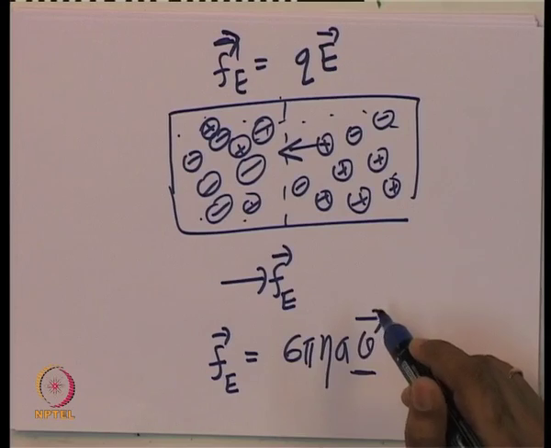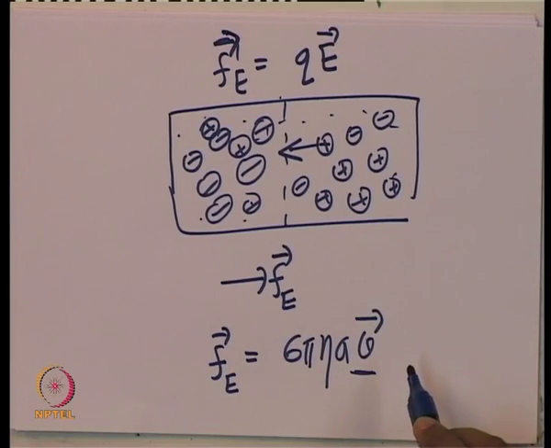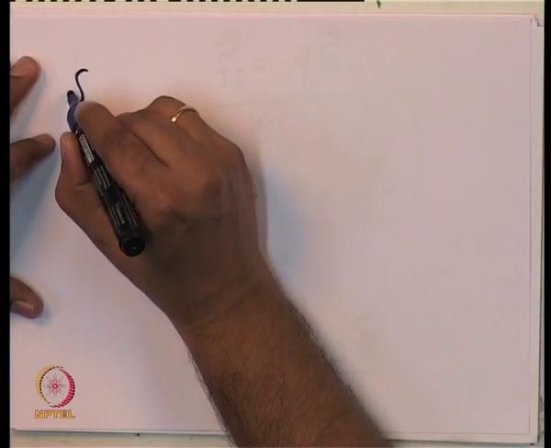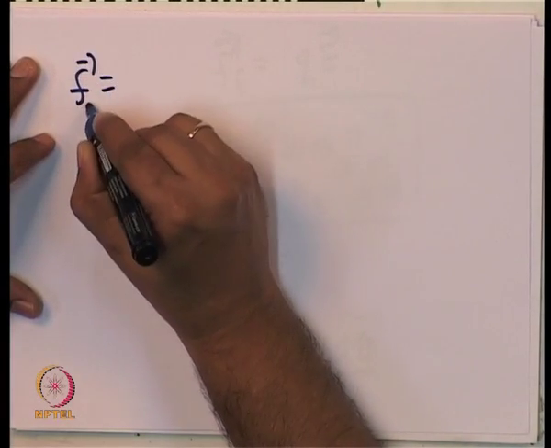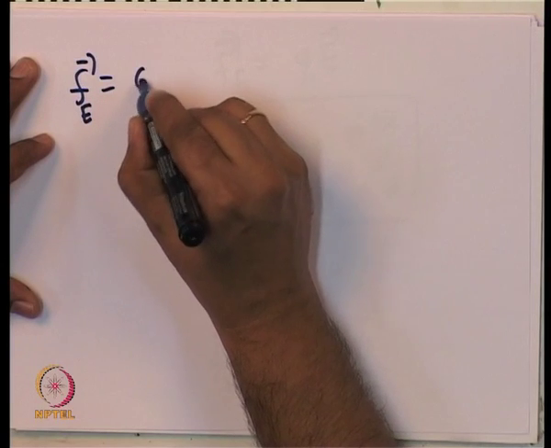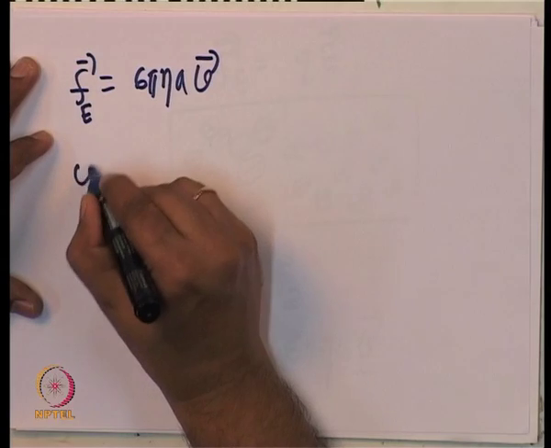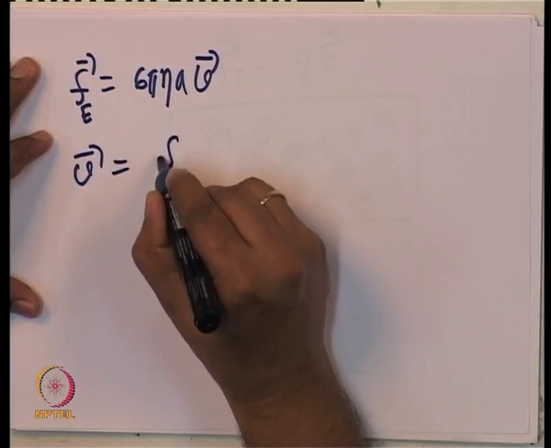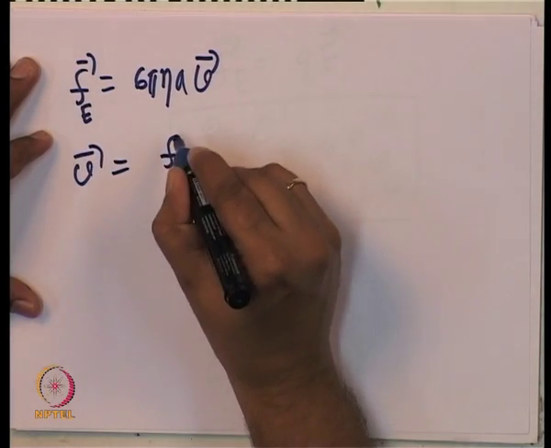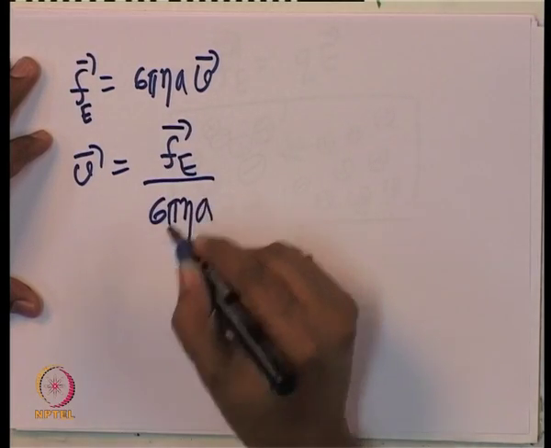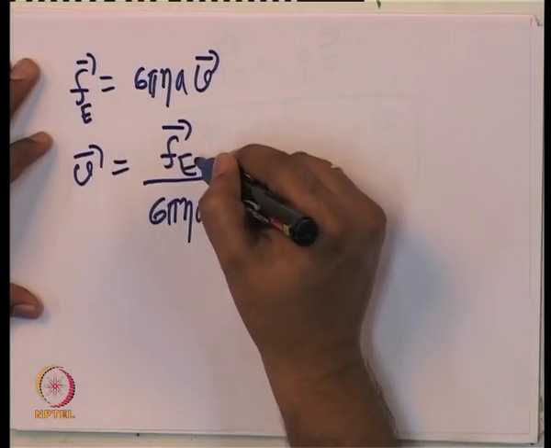If we know the velocity of the flow, what do we know? We know that F, the electrostatic force, will be equal to 6 pi eta a v. That means V is F E divided by 6 pi eta a. We know that velocity is a vector, and force is a vector.